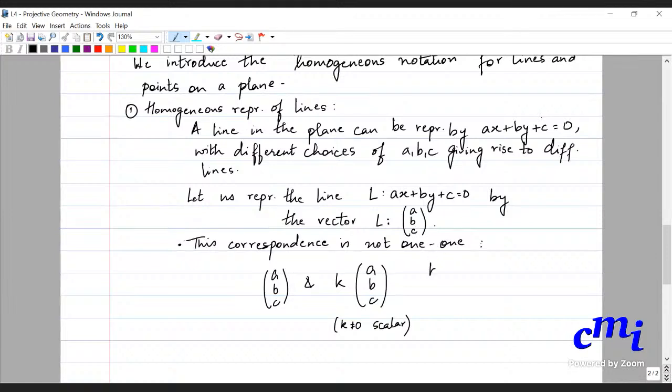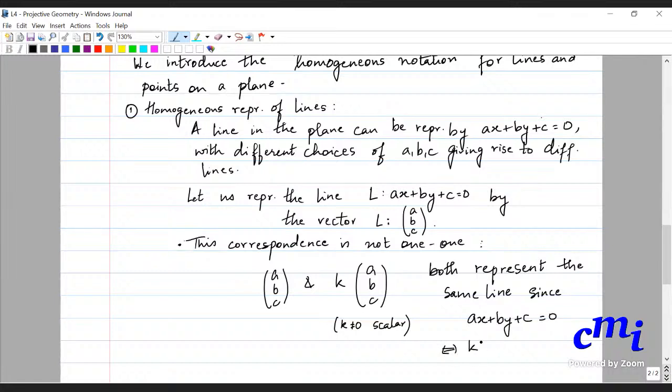Multiplying by the scalar k does not change the line, because ax plus by plus c is 0 if and only if k times (ax plus by plus c) is 0.